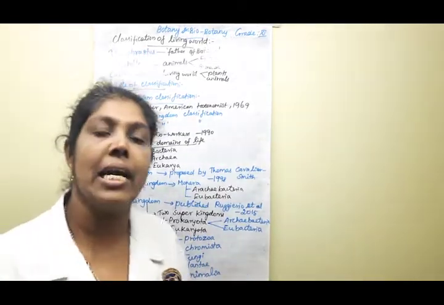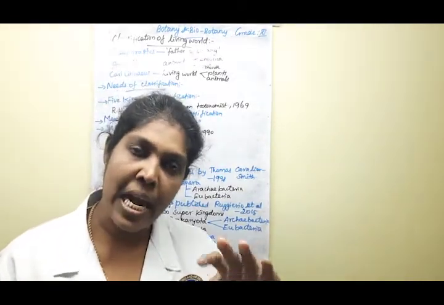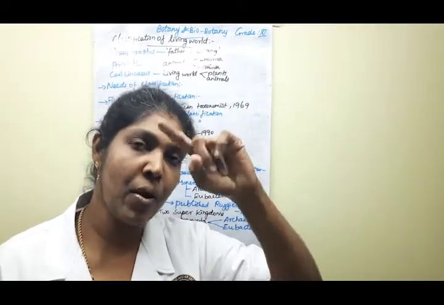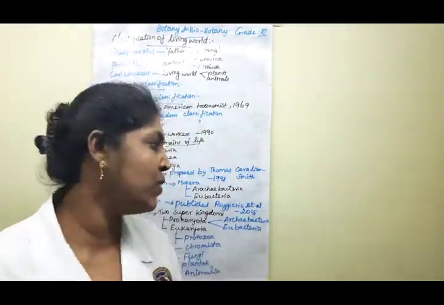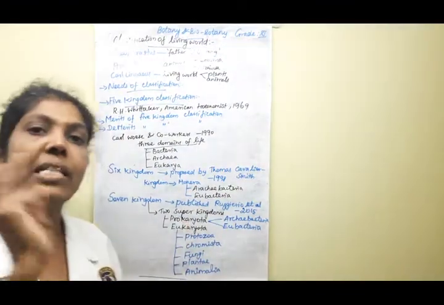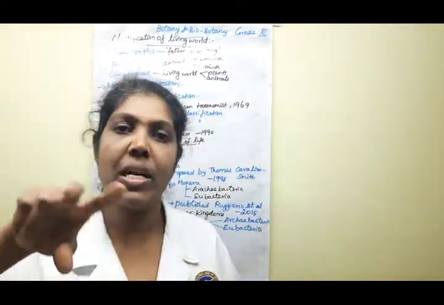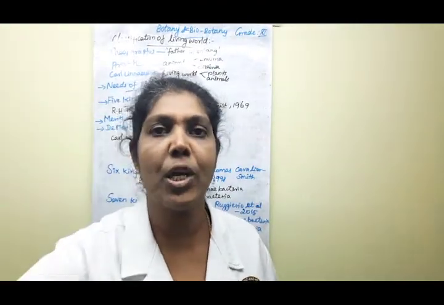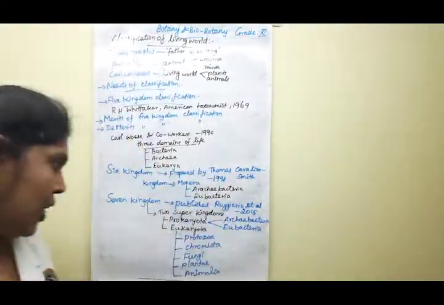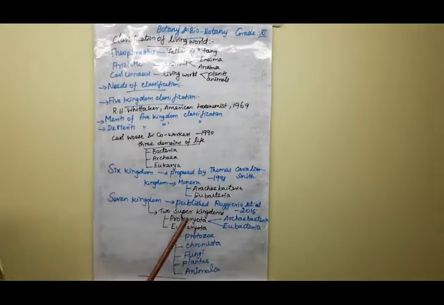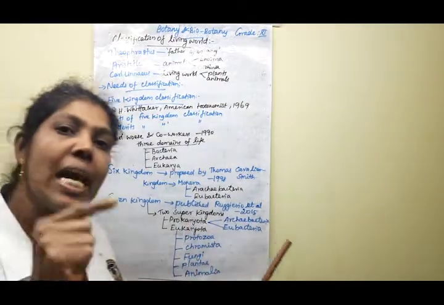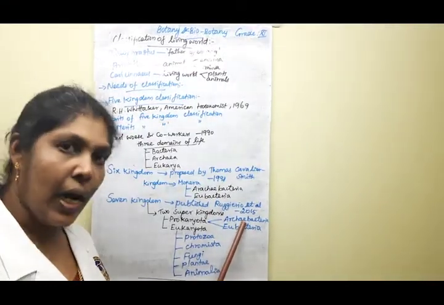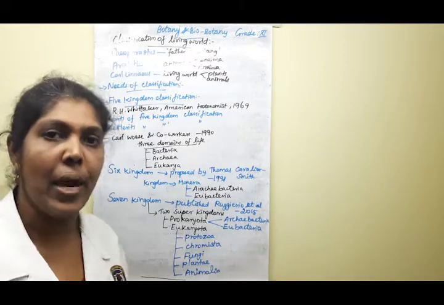Then again they divide further. Mainly there are 7 kingdoms in this system of classification, and they are divided under the 2 super kingdoms, first Prokaryota and another Eukaryota. Clear children? Prokaryota comes under two kingdoms, Archaebacteria and Eubacteria.